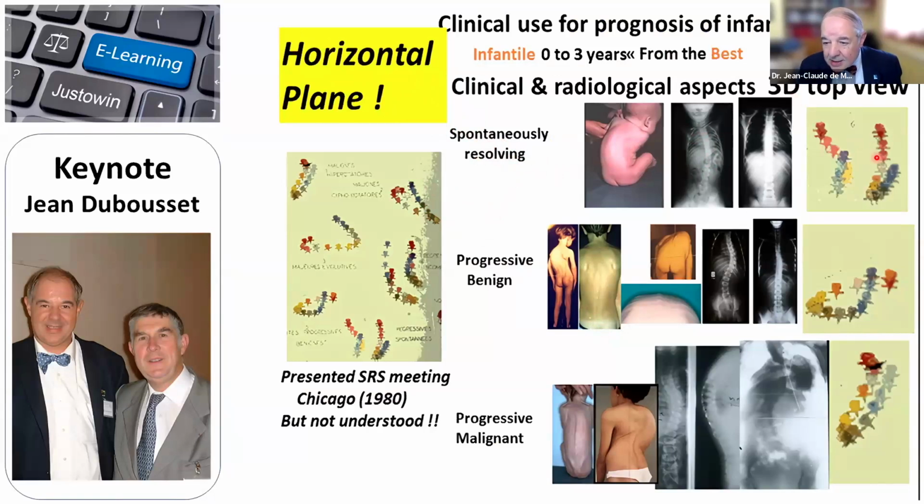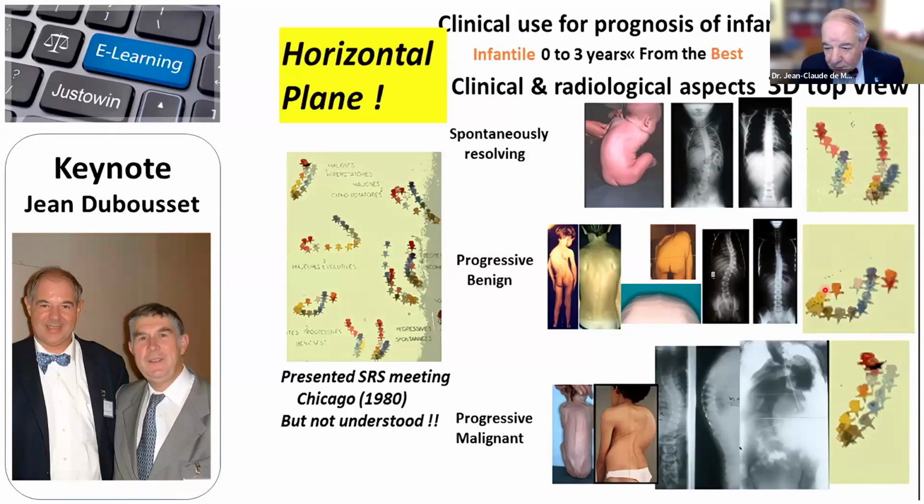You see this 3D reconstruction of resolving scoliosis with no rotation, a frontal curve, but no rotation. And if we choose the limit vertebrae, you see that you don't have them in the same oblique plane with the apical vertebra.